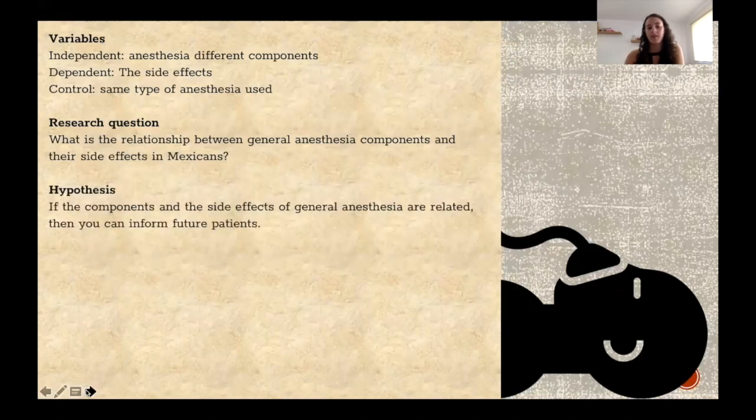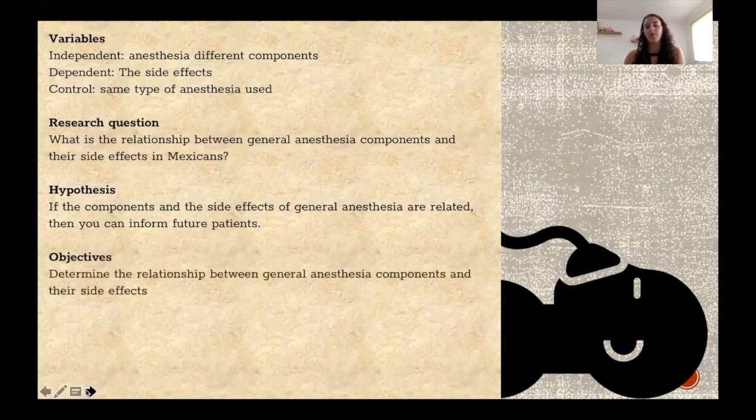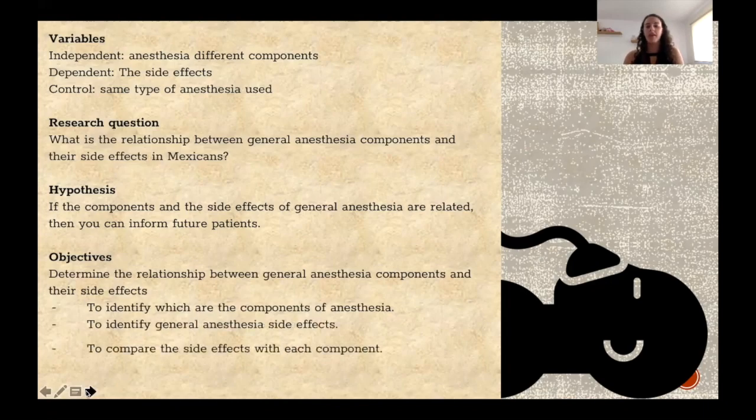And my hypothesis was if the components and the side effects of general anesthesia are related, then you can inform future patients. And my objective was to determine the relationship between general anesthesia components and their side effects.